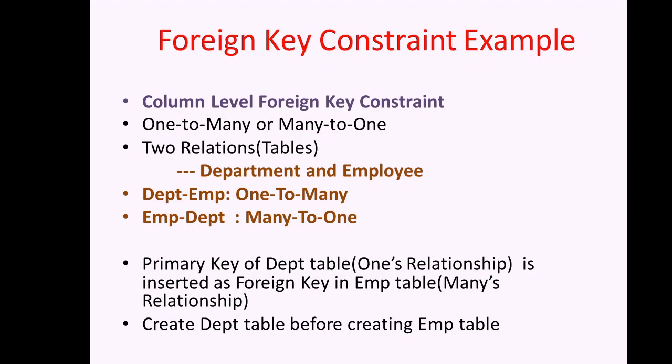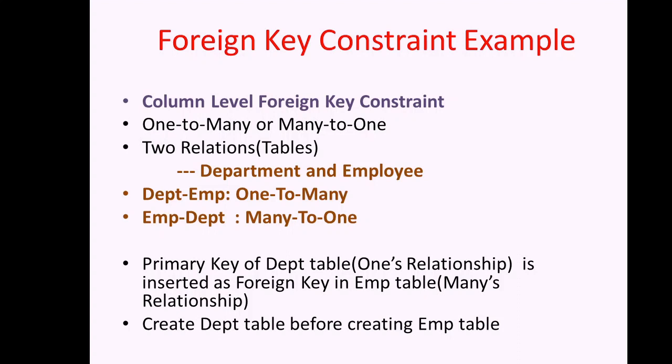We will see one practical example of foreign key constraint implementation. That example is of a column level foreign key constraint, and the mapping cardinality we are going to use in this example is one to many or many to one. Let us consider two tables or two relations, department and employee.